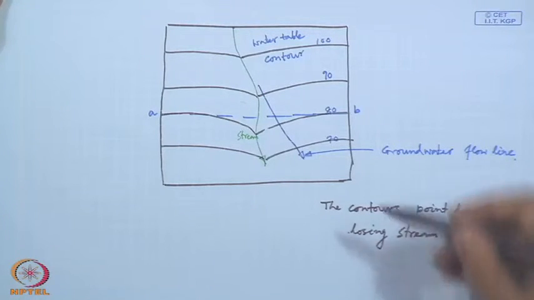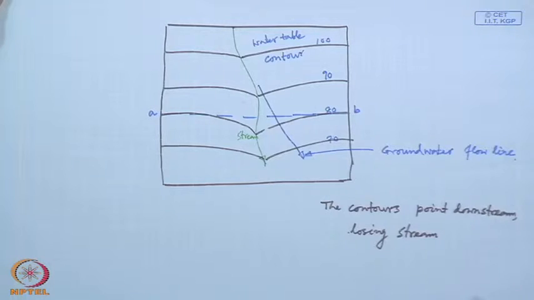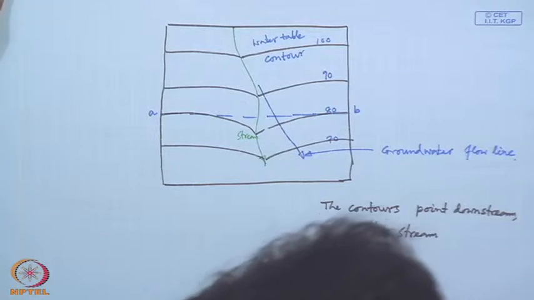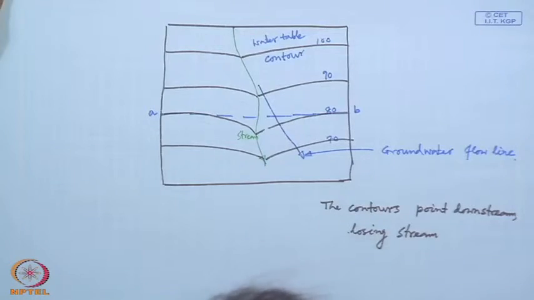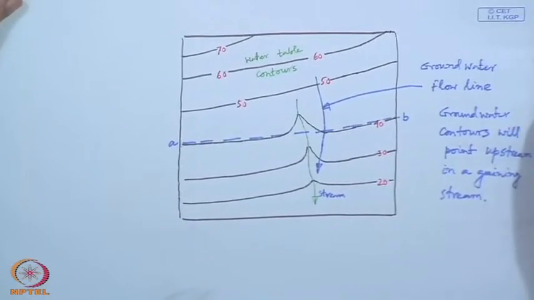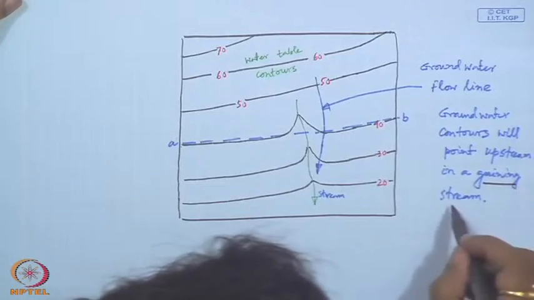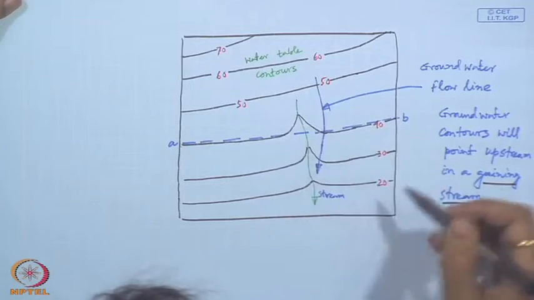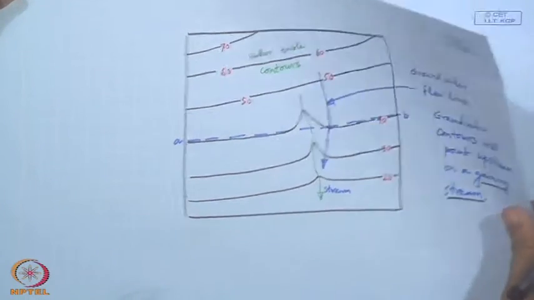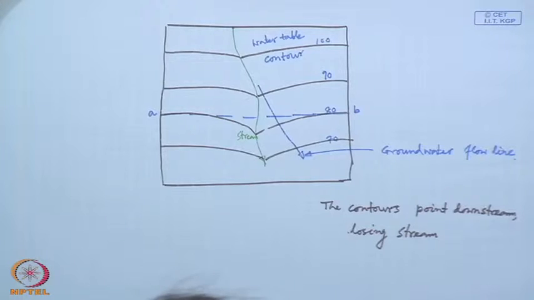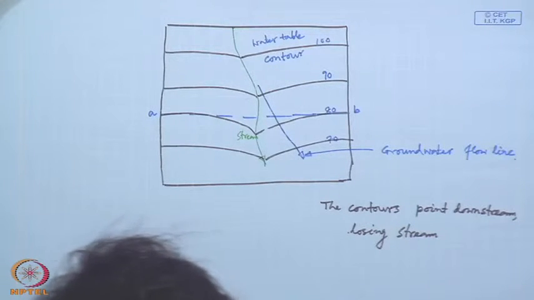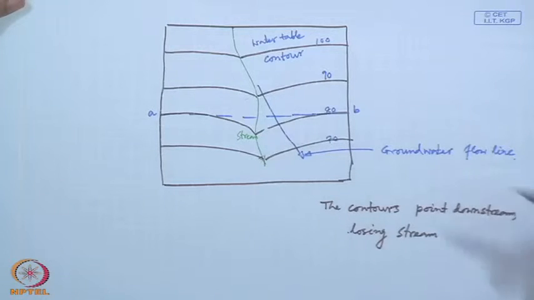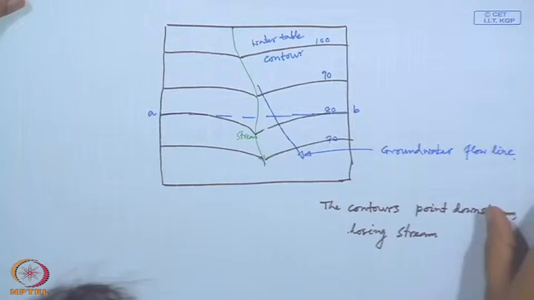The difference between losing and gaining stream is that the groundwater flow line in the gaining stream was towards the stream, but in this losing stream, it is away from the stream.